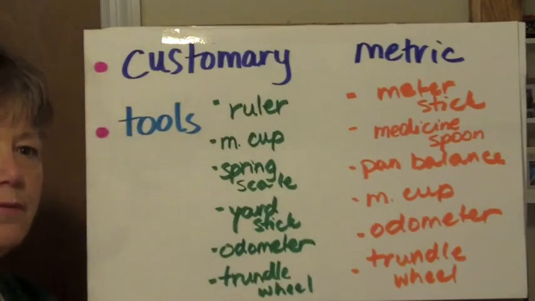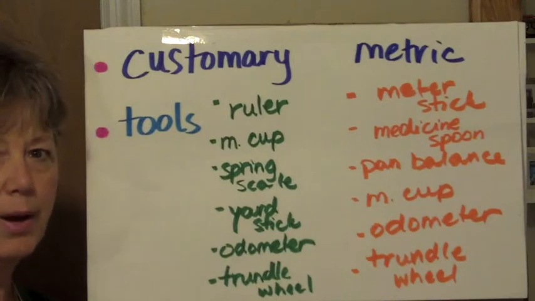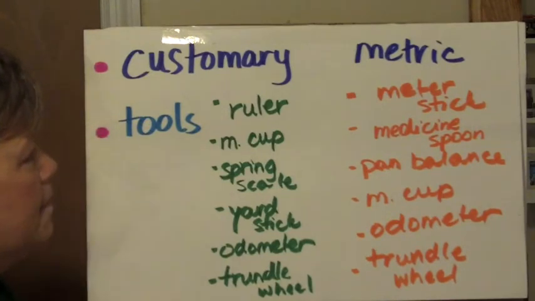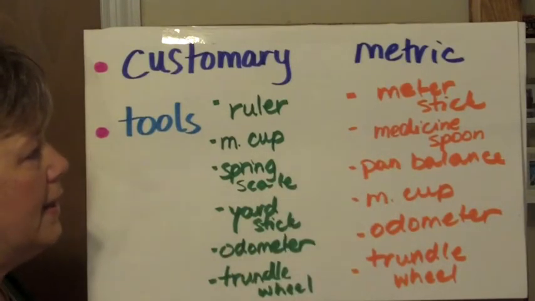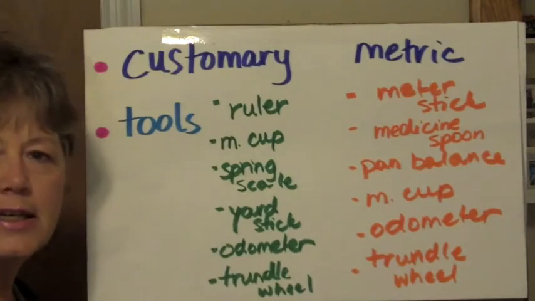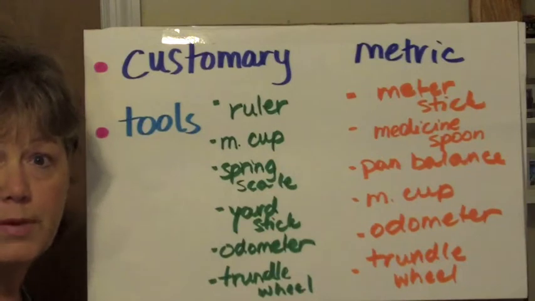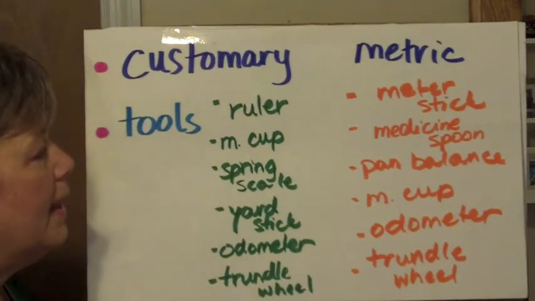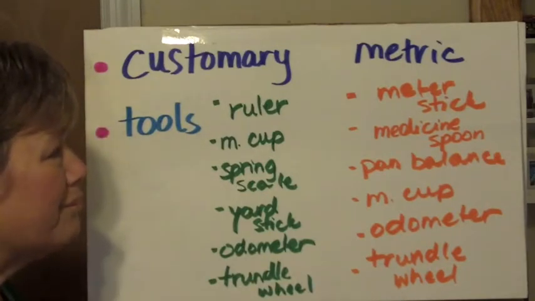So if you're just trying to envision how long a yard is and you can't get that yardstick in your brain, you can think about a baseball bat. A meter stick, on the other hand, is a little bit longer than a yardstick. It's about the width of a door. So if you think about how wide a door is, that might be about the width of a meter stick.